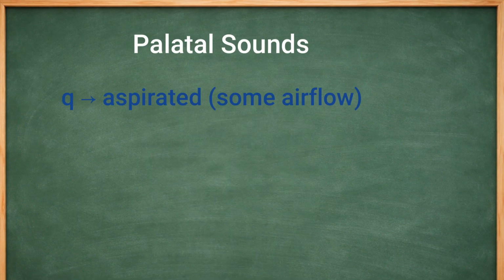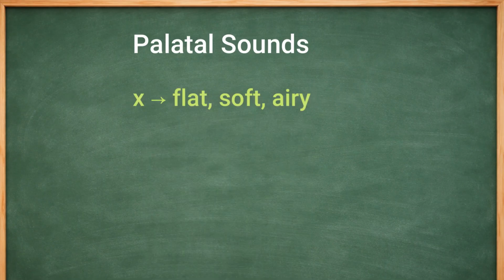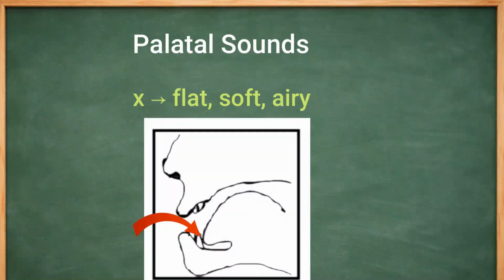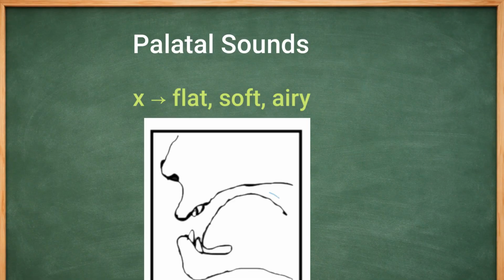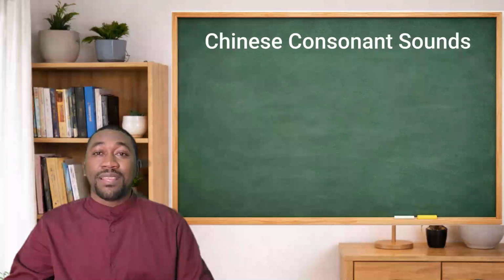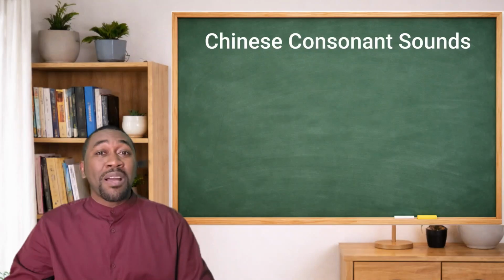Then for X, you're going to have the tip of your tongue again pressed on your bottom teeth, but this time you're going to raise your tongue, but not all the way up. So you won't block the airflow. And then you just release the air. Xi.